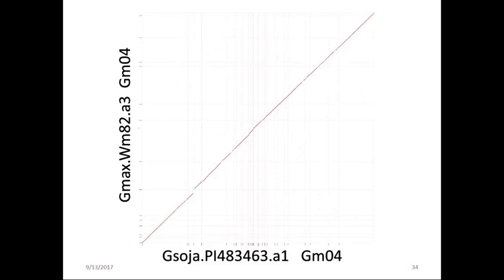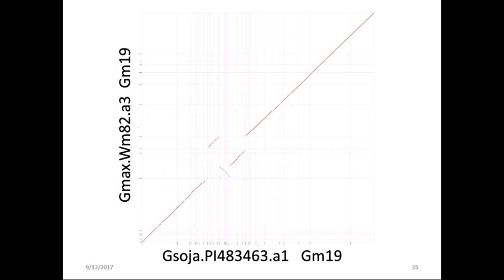So here's one. For example, on the bottom, I have G. soja. This is pseudomolecule 4. And here's Glycine max version 3 against 4. And you can see it looks pretty normal. It looks like they match pretty well. But then things get interesting. We can see here, this is now chromosome 19 from G. soja, and this is from version 3, 19.